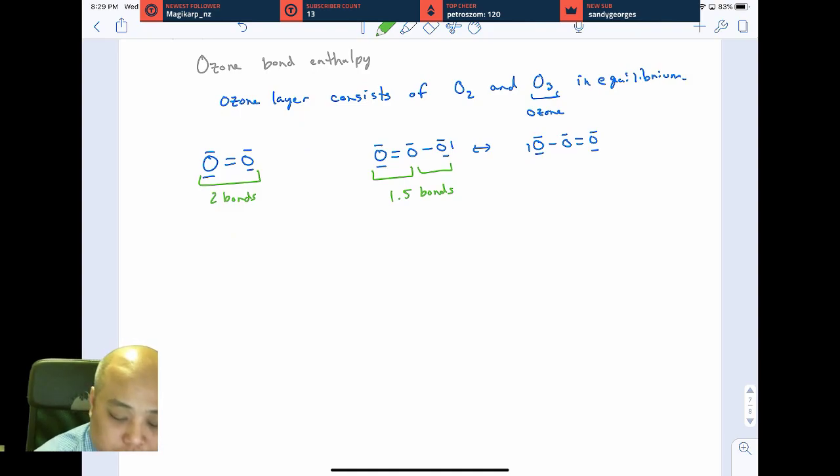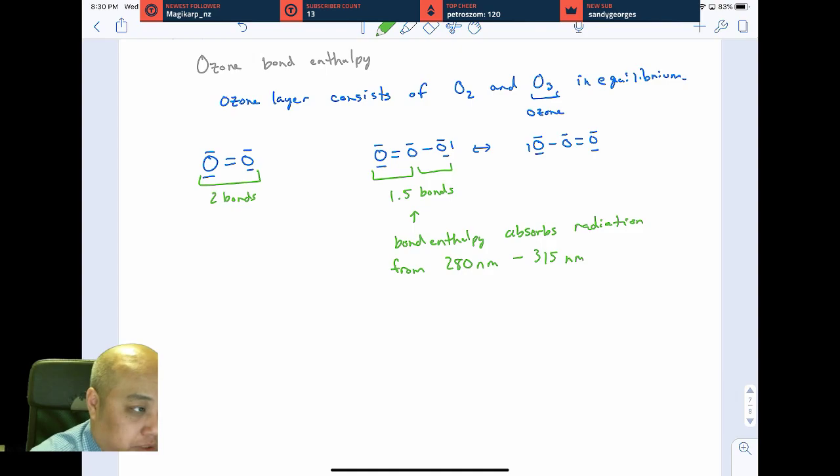The benefit with ozone is that this bond enthalpy absorbs radiation from 280 nanometers to 315 nanometers.